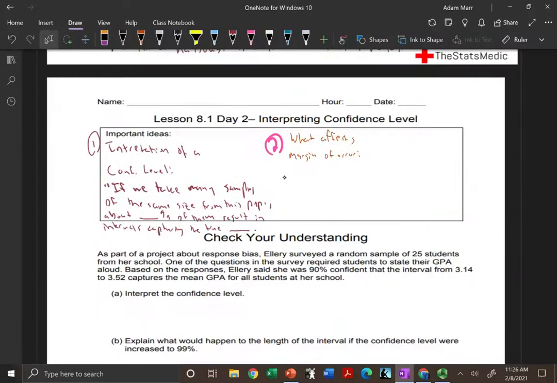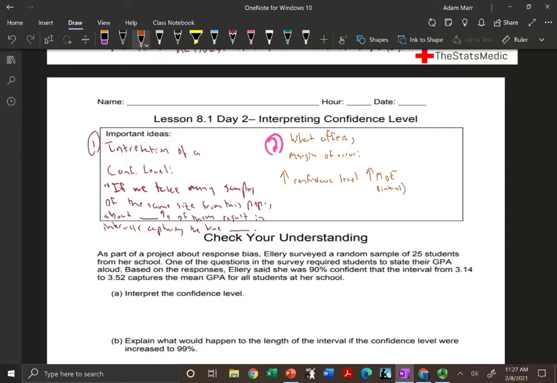Well, if you increase the confidence level, then your margin of error is also going to increase. That includes the entire interval, which will increase too, because remember, margin of error is just half of your confidence interval.